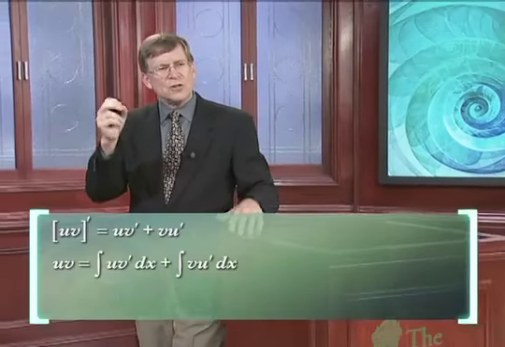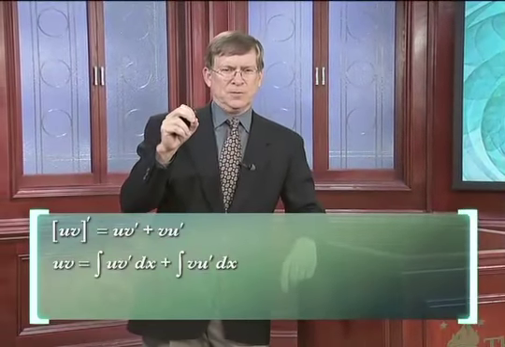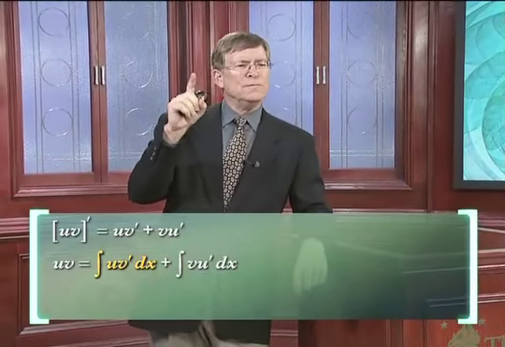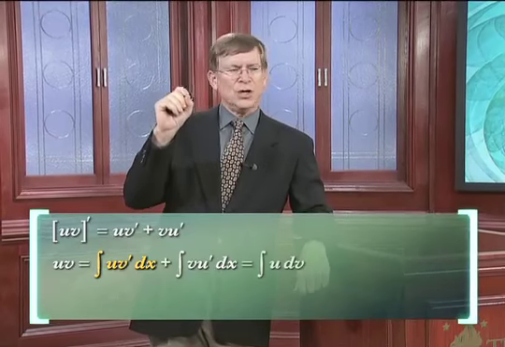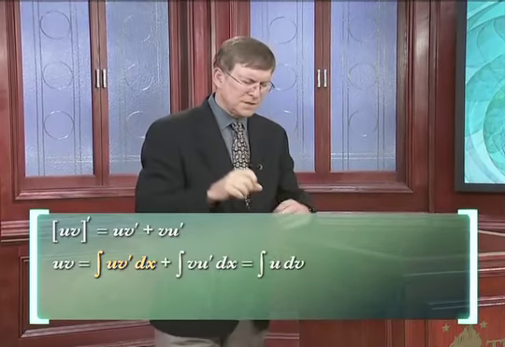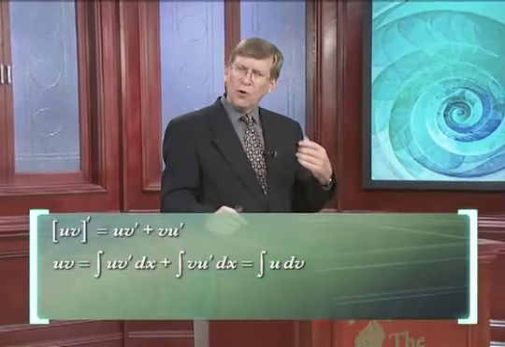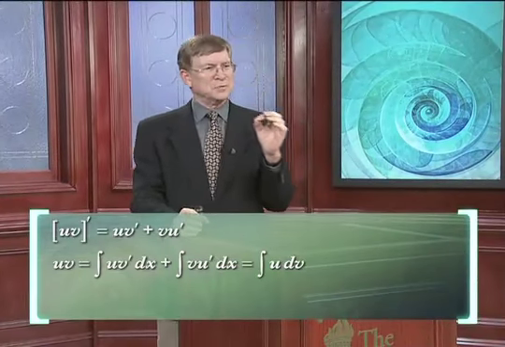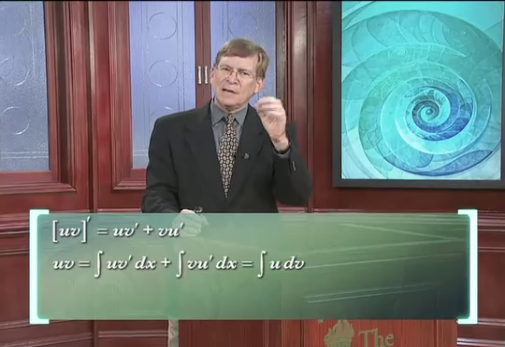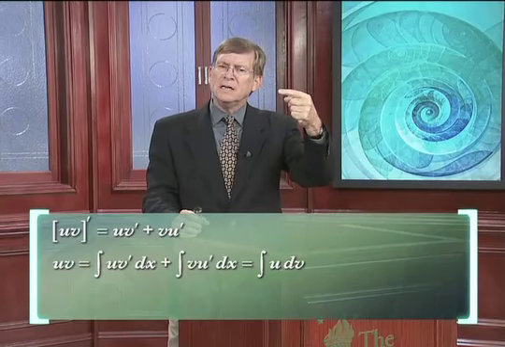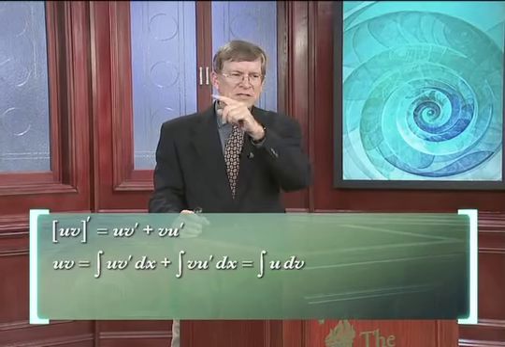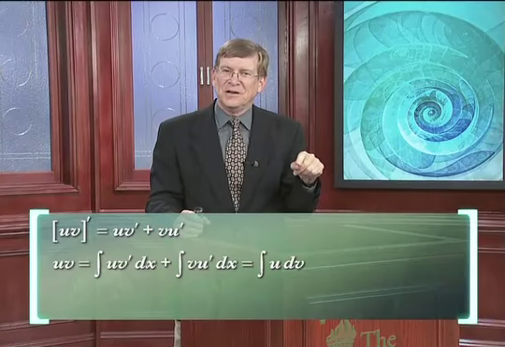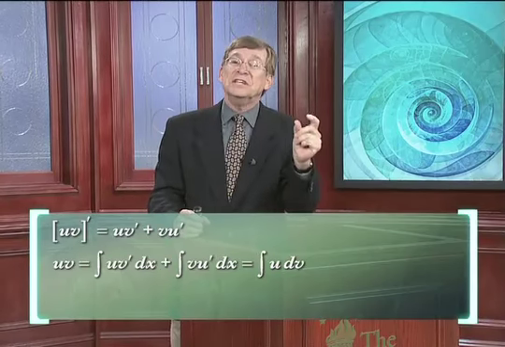And now I'm going to start using that differential notation. So I'm going to write u v' dx as u dv. This is the way they tend to write it in all the textbooks. Think of it this way. v' is dv/dx. So in a sense, the dx's cancel each other, and you're left just with dv.